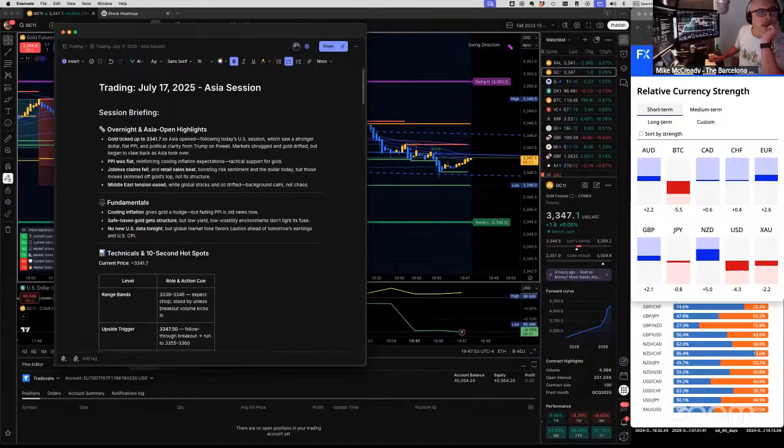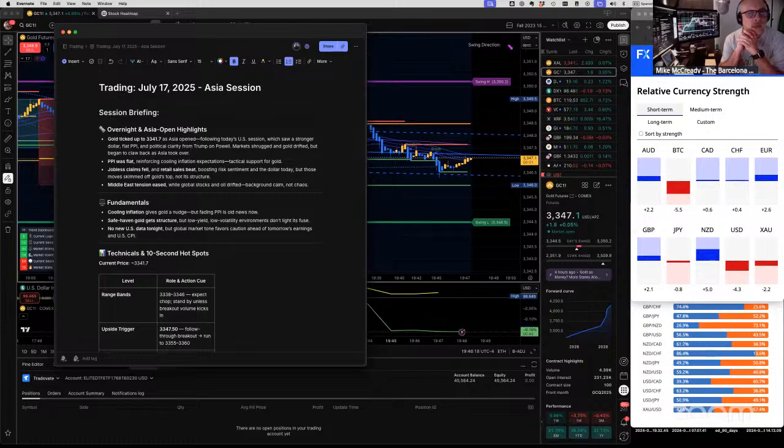Gold ticked up to 3341.7 as Asia opened following today's US session, which saw a stronger dollar, flat PPI, and political clarity from Trump on Powell. Markets shrugged and gold drifted, but began to claw back as Asia took over. PPI was flat, reinforcing cooling inflation expectations, tactical support for gold.